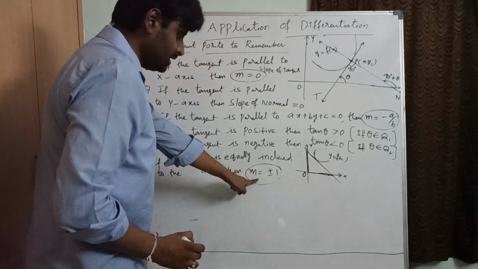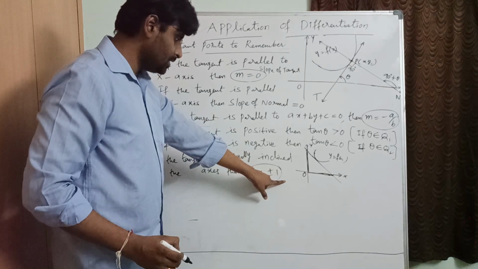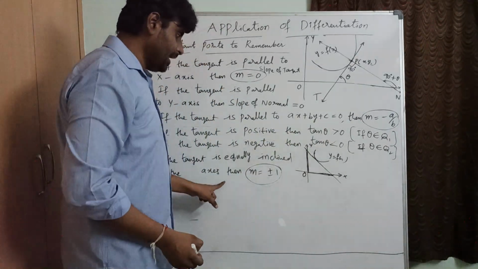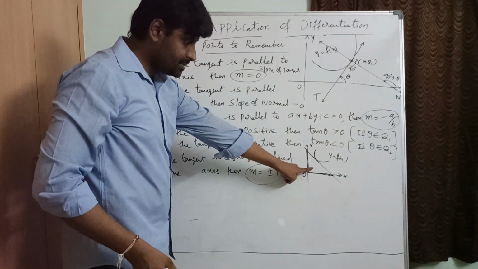So the slope of the tangent is plus or minus 1. Obviously the slope of the normal is also plus or minus 1, whenever the tangents are making equal angles. So one is at 45, one is at 135. Okay, so this case is different.